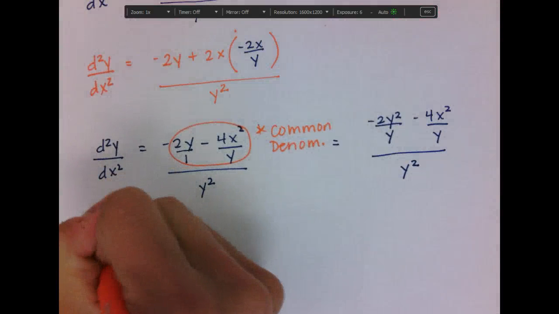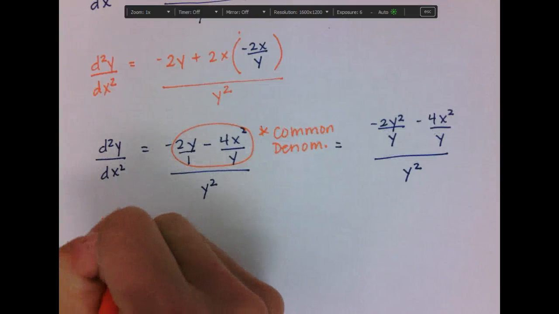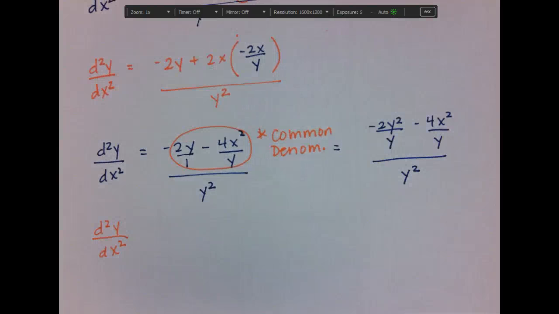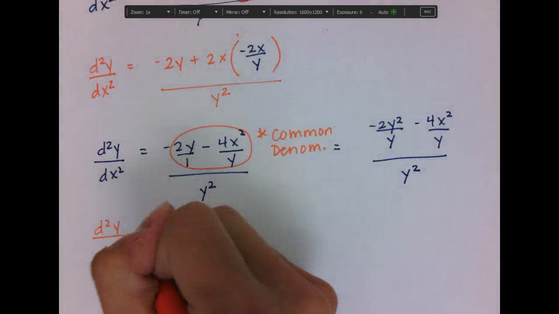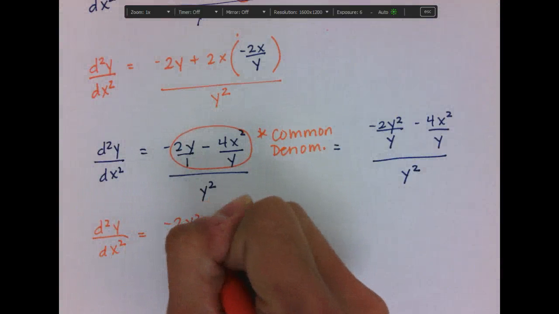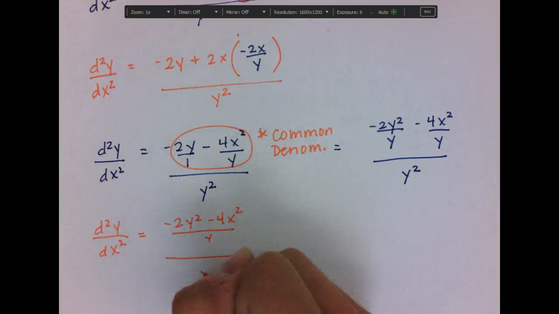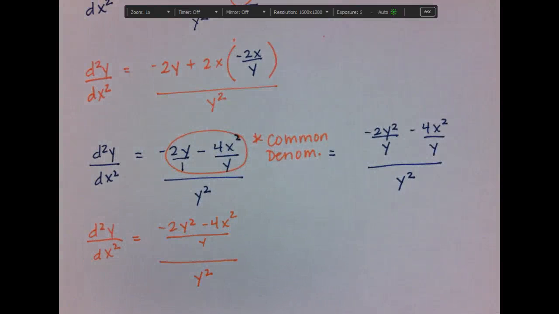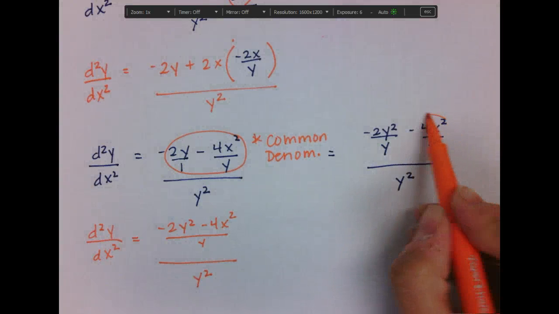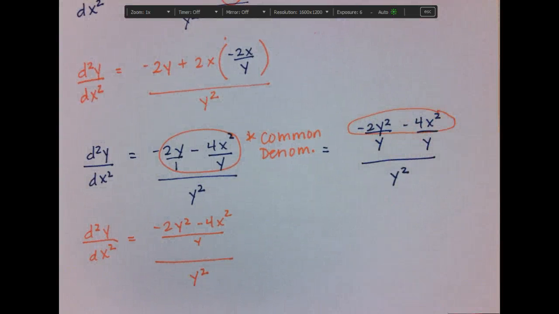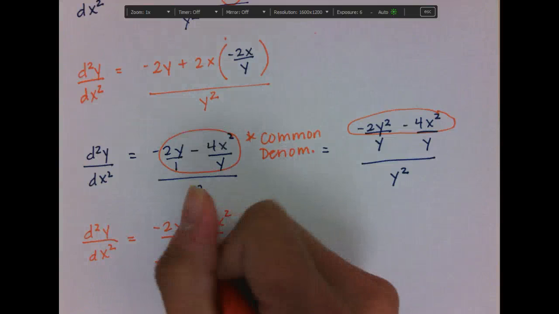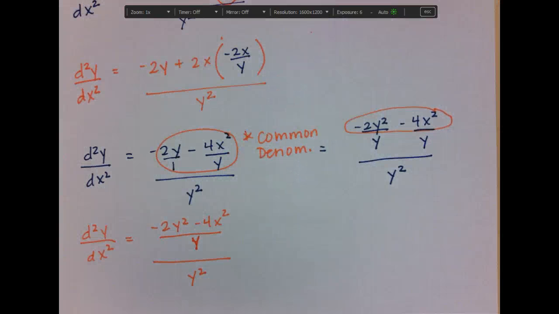Let's see what we have now. Alright, now that I have a common denominator, I'm going to go ahead and write both numerators over that one common denominator. So I've got the negative 2y squared minus the 4x squared all over y, and then divided by y squared.